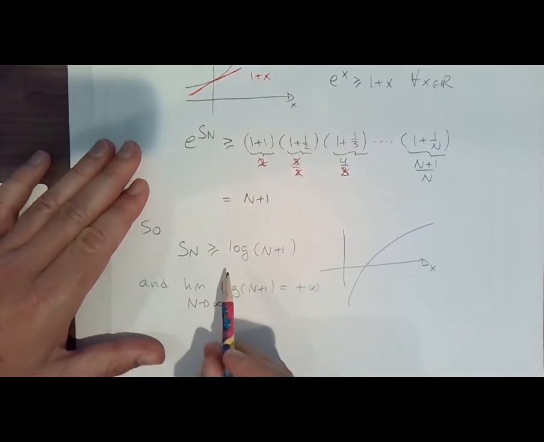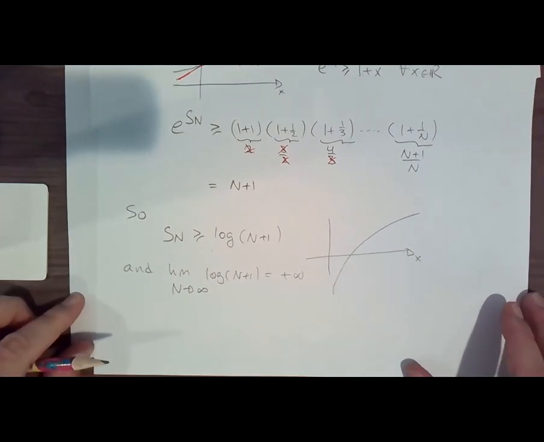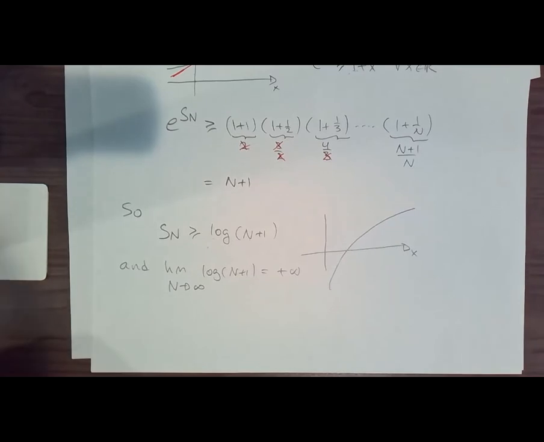And then we have the inequality. So the sum of 1 over n is big. Any questions on this? The sum of 1 over n goes to plus infinity.